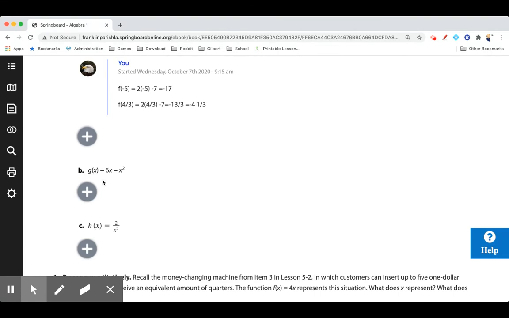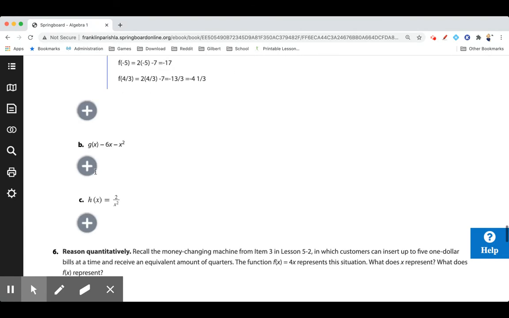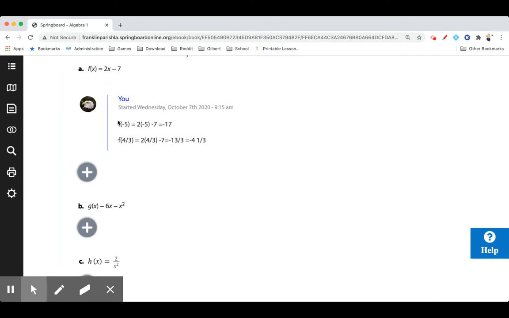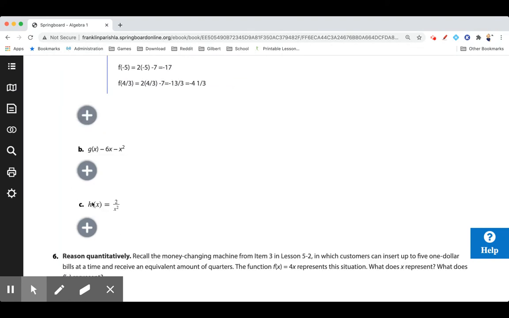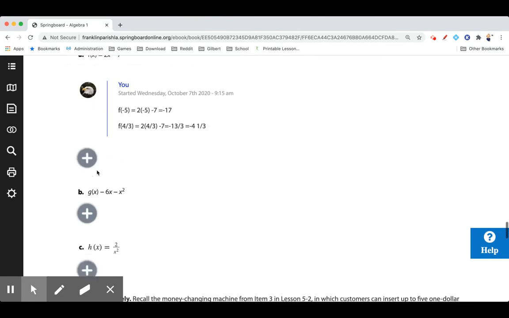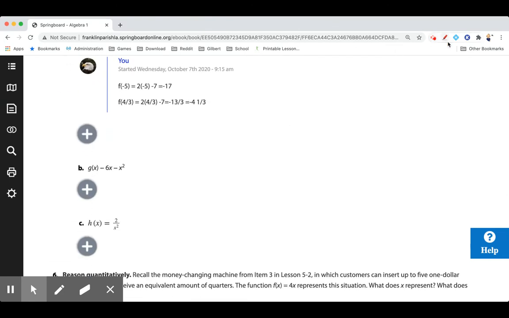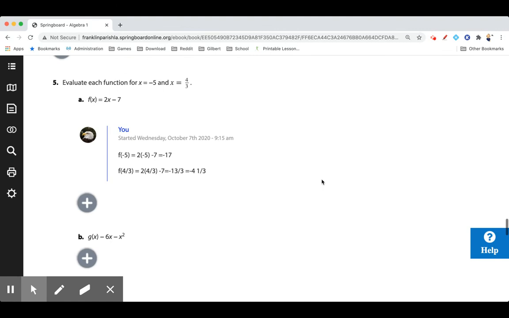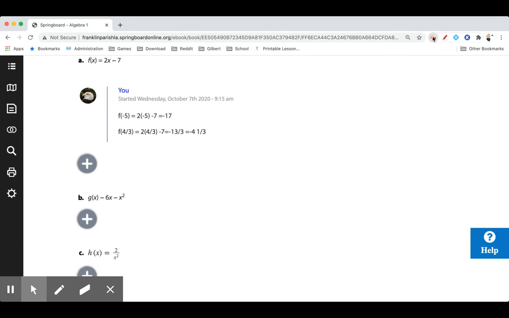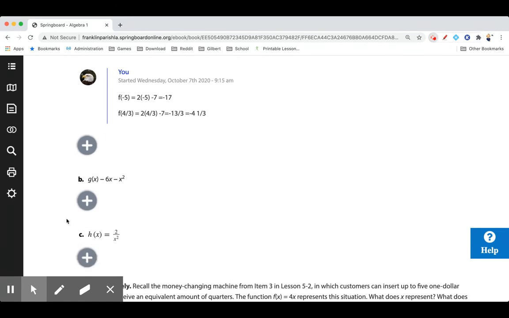B, g of x, same as f of x. C, h of x, same as f of x. We replace the x's with what they told us, negative 5 and 4/3. They made one little mistake. This is an equal sign right here.